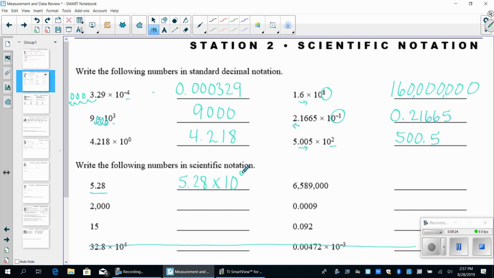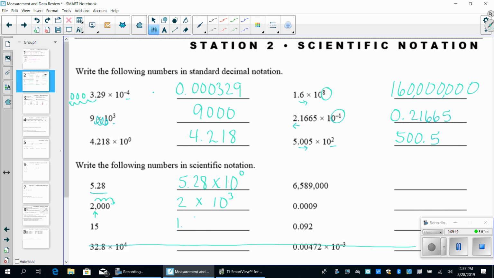And this one, if you put your decimal place here, that would be 2. Do not put 2.0 because remember that those zeros on 2000 are not significant. So 2 times 10, and you would move that decimal 1, 2, 3 places to the right to get it back to its original location, so to the +3.